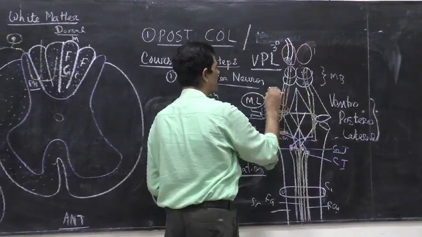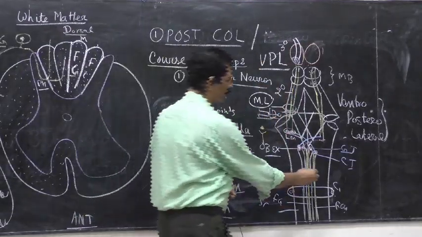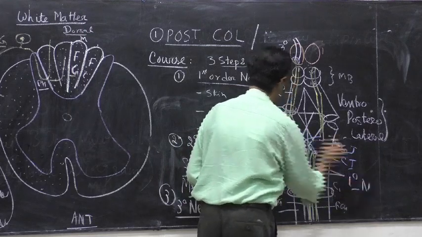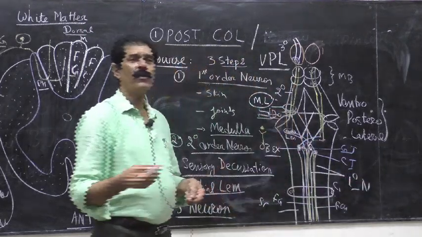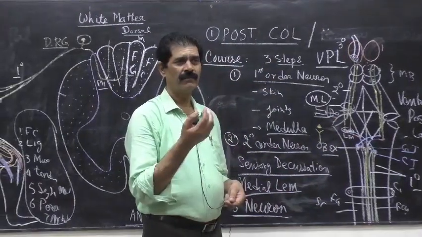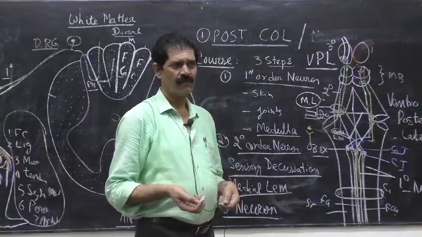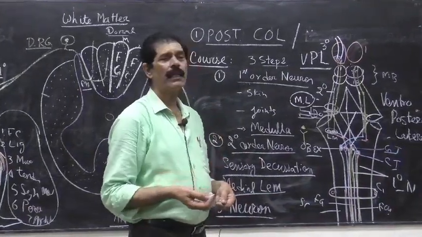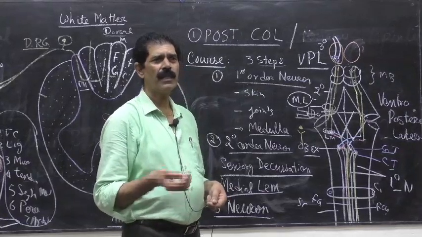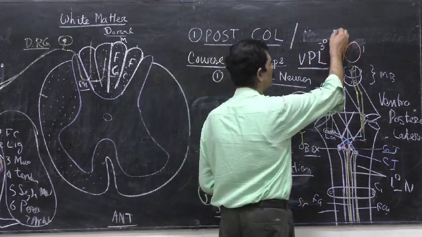In the medial lemniscus they were second order. In fasciculus gracilis and cuneatus they are first order neurons. So now the third order neurons start from the thalamus, and they again ascend upward because their destination is still far. They ascend upward in the posterior limb of the internal capsule.